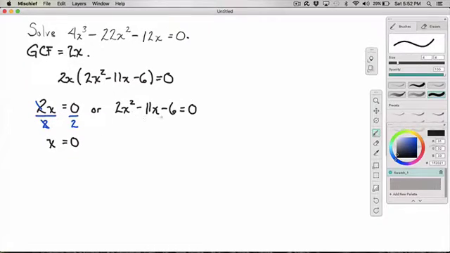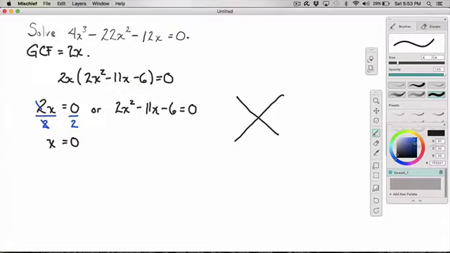Now, let's look at this piece on the right, 2x squared minus 11x minus 6. This is a quadratic. The only way we know how to solve these at this point is to factor. So let's play the game and see if this will factor. Remember the game, we take the a term.